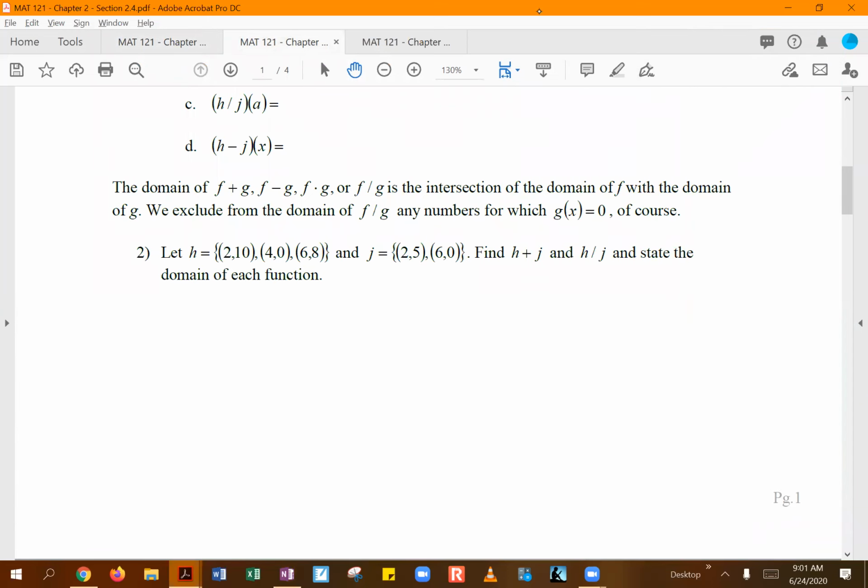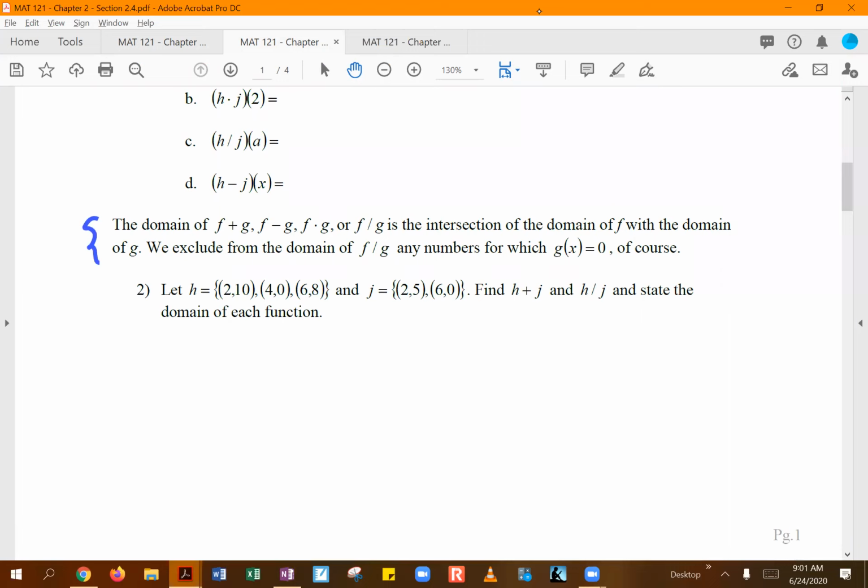So before we get into example 2, they're talking in terms of the domain of the function. So they're saying the domain for the f plus g, f minus g, f multiplied by g, and f divided by g is going to be the intersection of the domain of the f function with the domain of the g function.